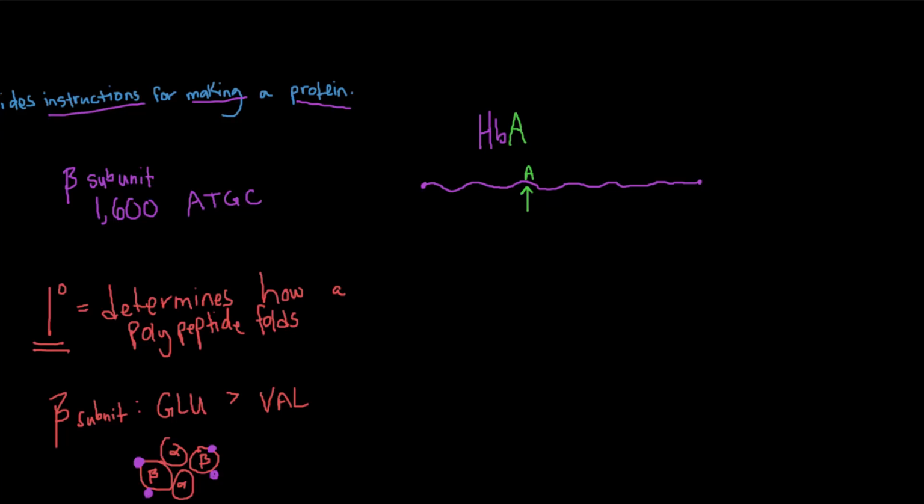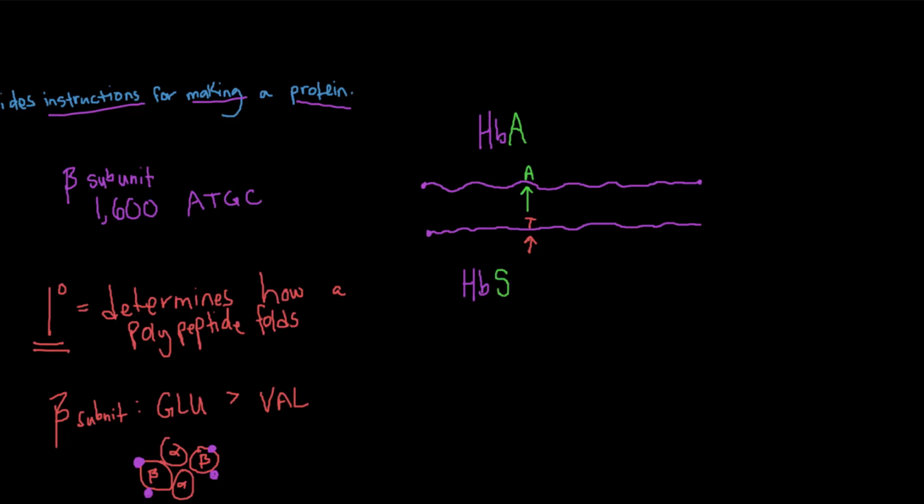If you happen to have the hemoglobin gene that has the letter T instead of the letter A, what you end up with is a slightly different beta subunit, and that beta subunit, as you probably already know, is the sickle cell beta subunit.